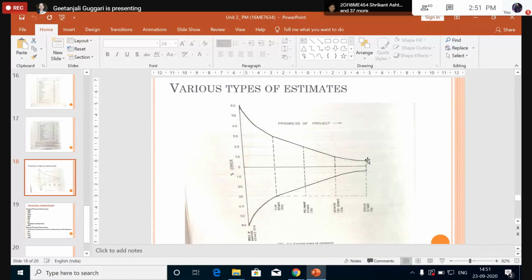The last stage, where the project cost is frozen, is the detailed cost estimation. This is the final cost estimation, calculated with an accuracy level of plus or minus 5. So these are the different types of cost estimations.